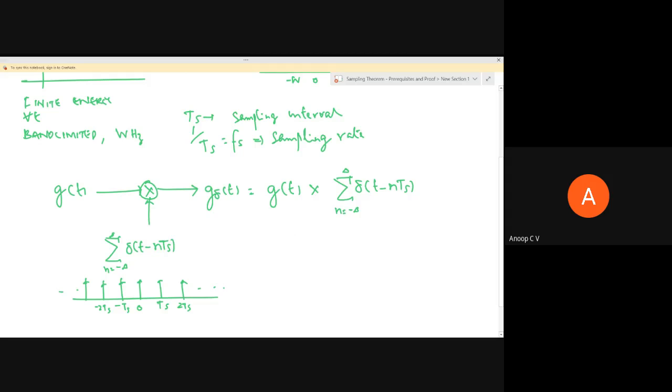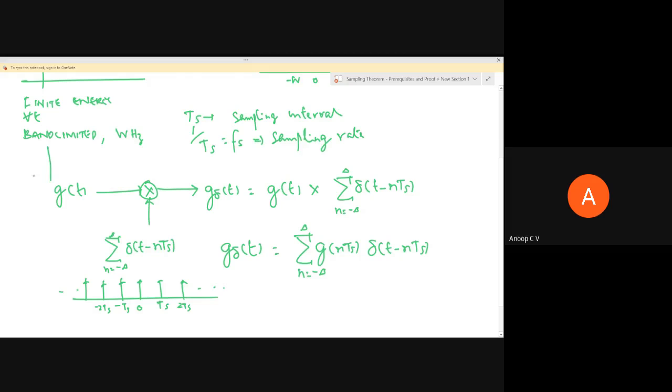As the delta of t minus n Ts are defined only at time instances n Ts, I can take g of t inside the summation and rewrite it as g delta of t equal to the summation over n from minus infinity to infinity of g of n Ts times delta of t minus n Ts, where g of n Ts are the instantaneous values of the signal g of t at time instance n Ts, and delta of t minus n Ts are nothing but these impulses.